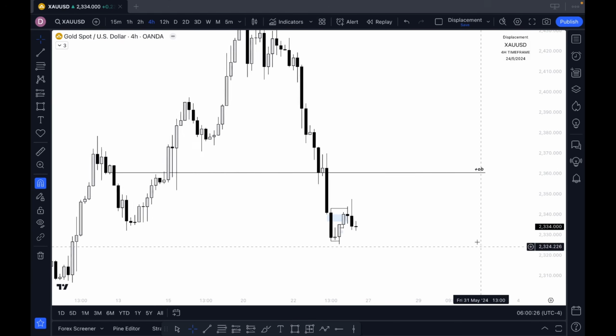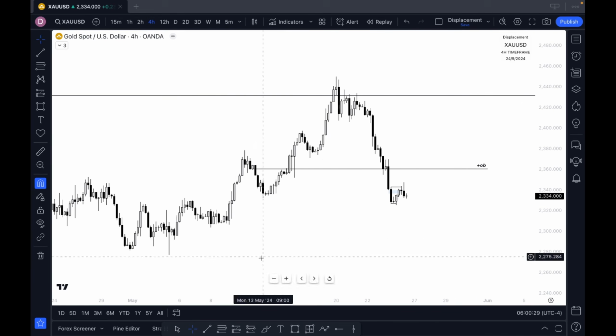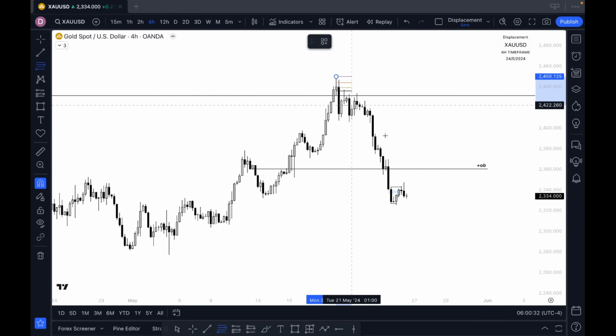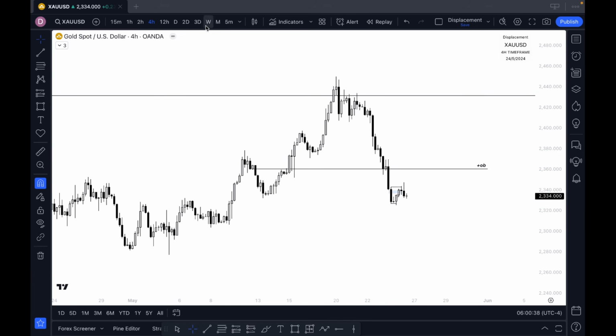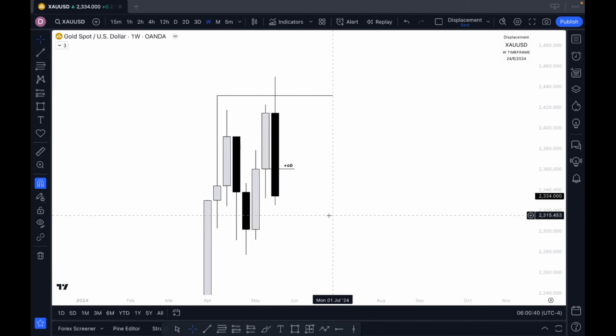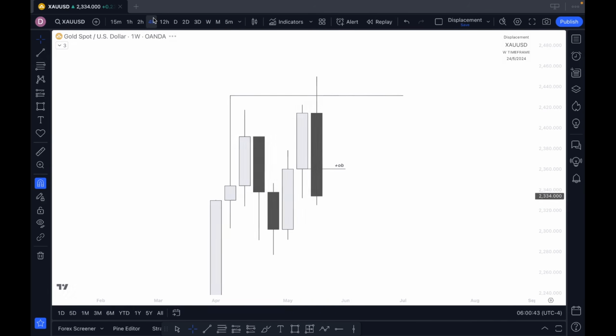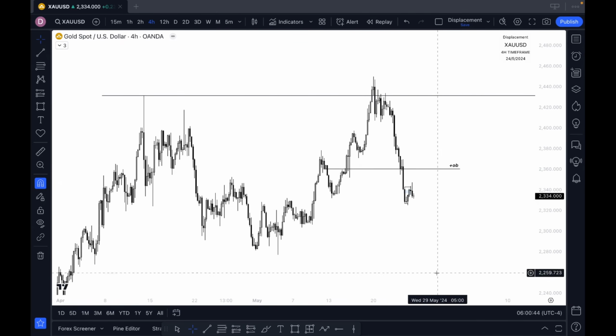In the 4-hour time frame, I'll be expecting price to react from this high, from this low. Okay, so the mean threshold is here, so no. It's pretty difficult right now to predict from where price is going to react. We'll wait and watch. More or less, it's likely to chop.